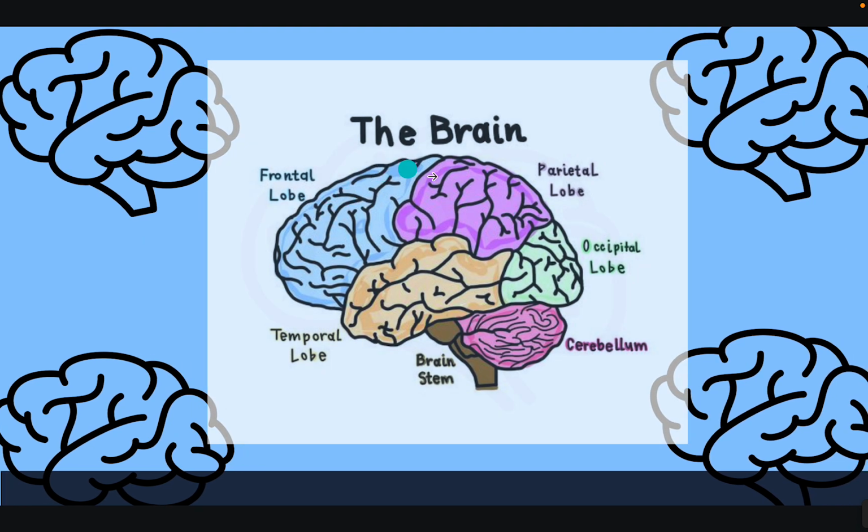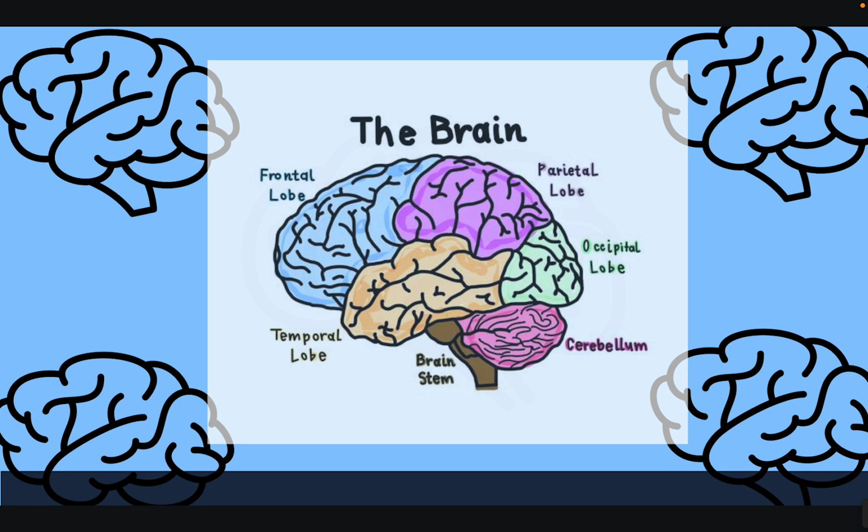So let's begin by just overviewing the brain. Like I said, the brain has different parts to it. There are different lobes, and each of these lobes has a different function and job. So when a patient presents with a symptom, if you know what the job of each lobe is, you'll kind of know where the patient is having issues in their brain, because you know the norm of the brain.